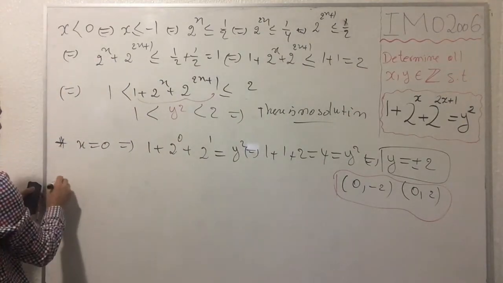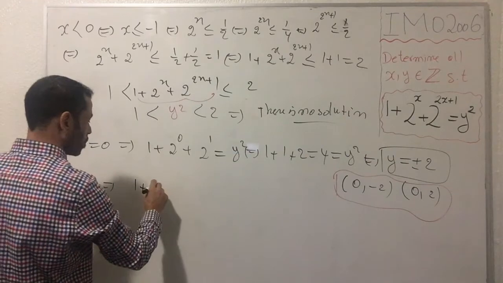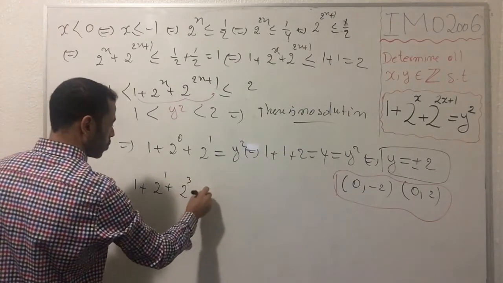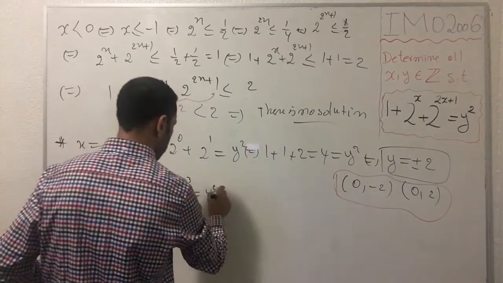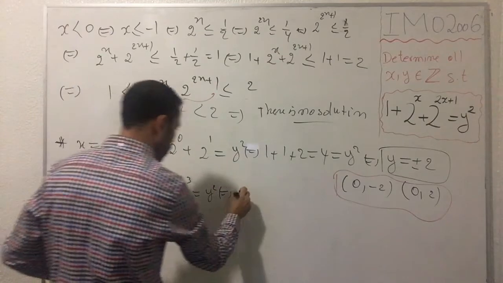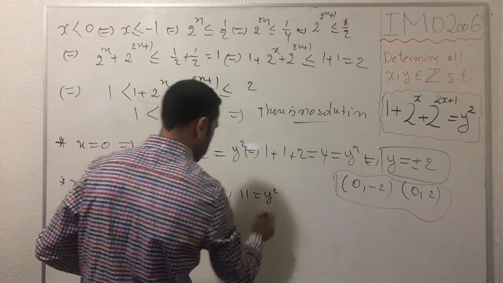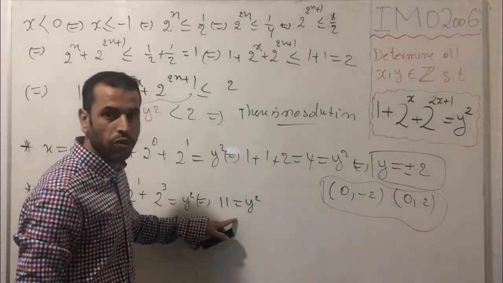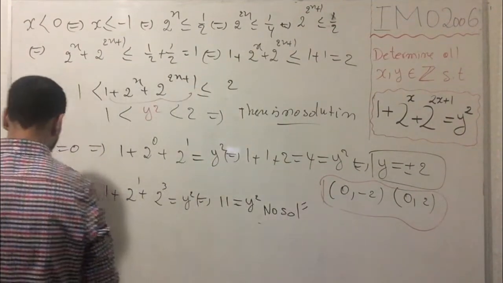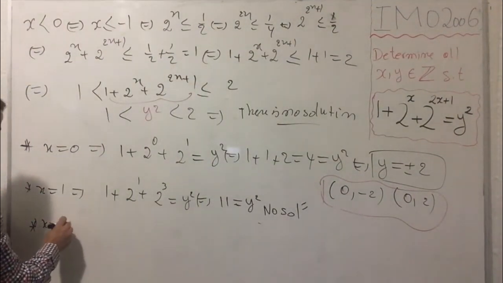Let's try x equal to 1. 1 plus 2 plus 2 to the 3 equals y squared. That's 1 plus 2 is 3, plus 8 is 11. We have 11 equals y squared. Since we don't have a perfect square, there is no solution as well. Now let's try x equal to 2.